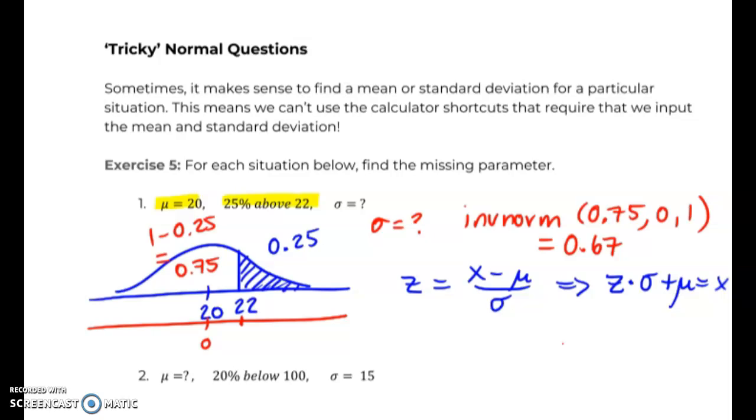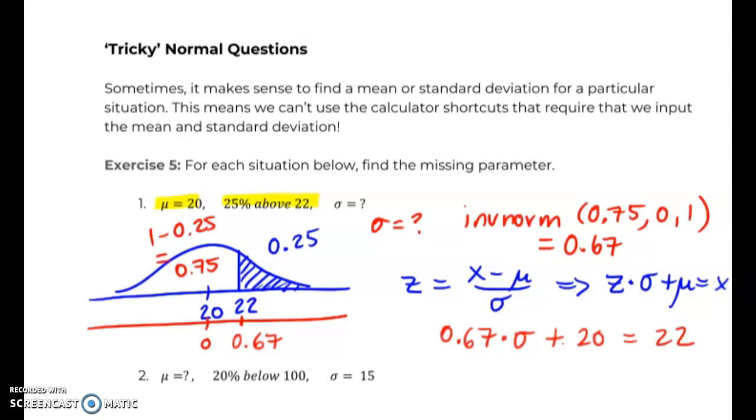So let's see all the things we have. We calculated our z-score associated with the bottom 75%. We also have an x value and a mean given. So we're plugging in all those values. Our z-score was 0.67, our sigma is unknown, our mean is 20, and our x value is 22.